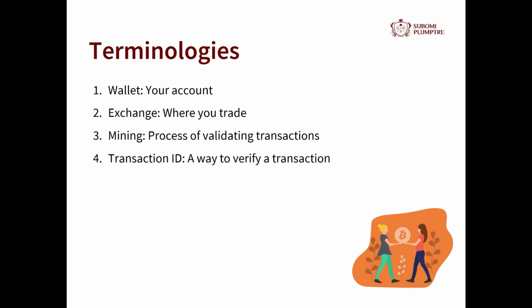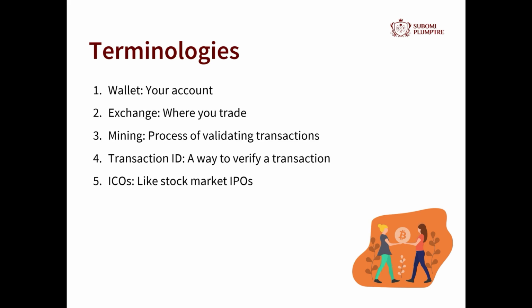So in the same way, with cryptocurrency, there's a transaction ID that when you click on it, you can actually verify that the transaction was successful. So that way people can say, oh, I sent you cryptocurrency and you didn't get it or something like that. There's a way to verify that.